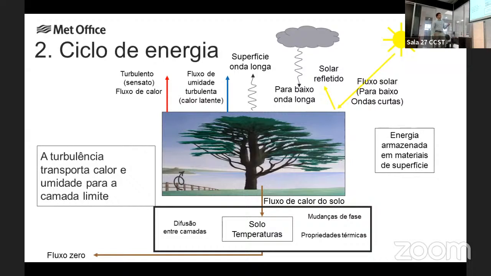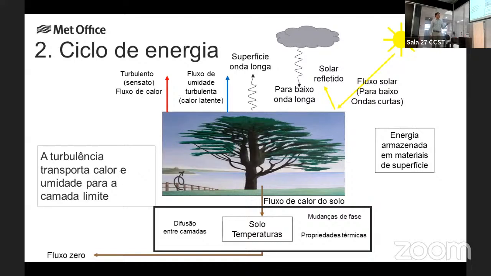And then you've got your different sensible and latent heat fluxes as well. And then this obviously warms the surface and feeds back into the soils and various other things. So you should end up with zero flux coming out of the model.